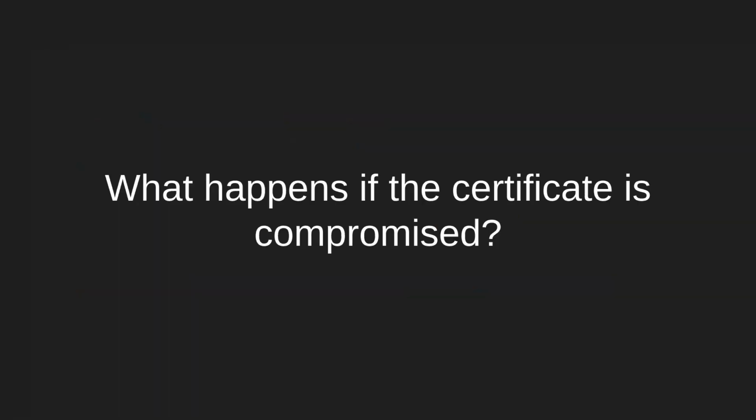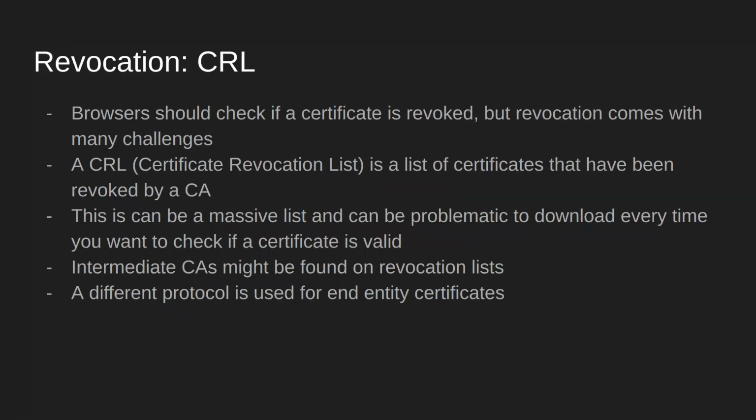So if you have a certificate, what do you do if it's compromised? You have to revoke it. Well, you're supposed to revoke it. Browsers should check if a certificate is revoked, but revocation comes with many challenges. One of the ways revocation works is when you ask the certificate authority to revoke your certificate, it'll add it to a list of revoked certificates, and that list is called the certificate revocation list.